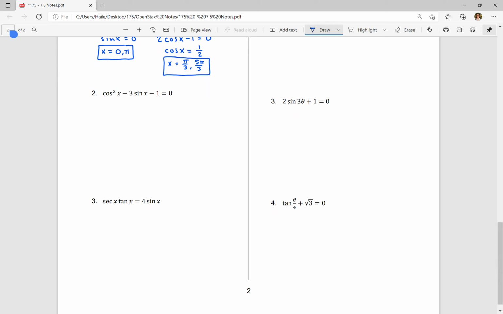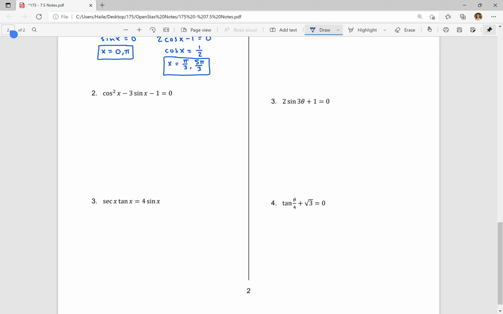So in this one, we have cosine squared of x minus 3 sine of x minus 1 is equal to 0. So this one indicates to me that I probably am going to want to factor eventually because I have 0 on one side of the equation. However, as this equation stands, I cannot factor it because one of the terms has cosine, one of the terms has sine, so it just doesn't lend itself very nicely.